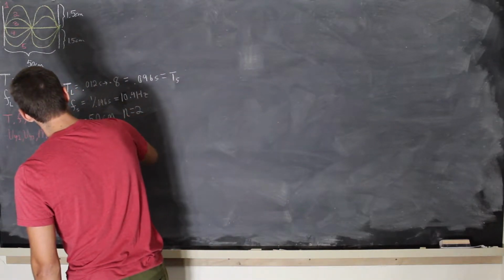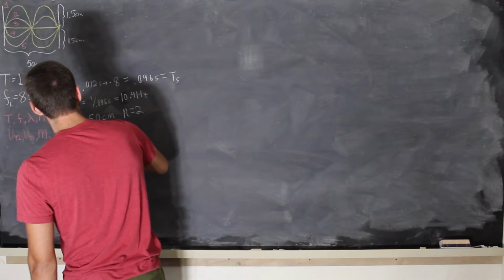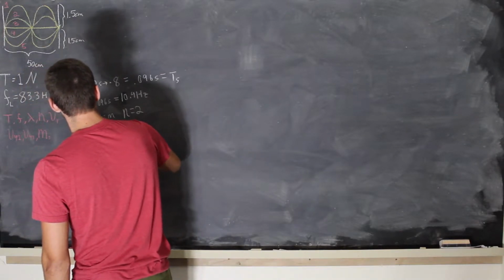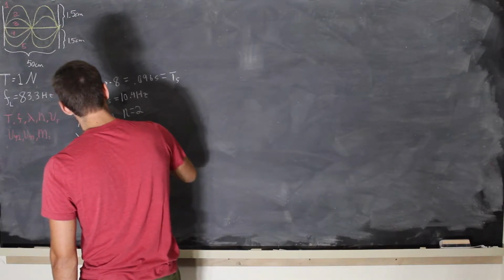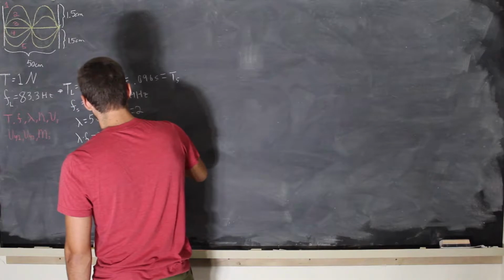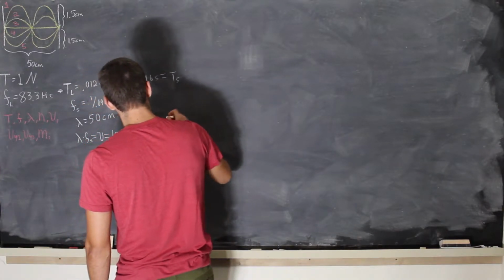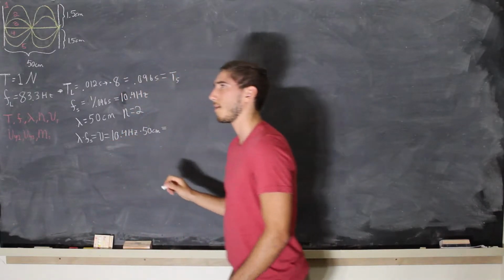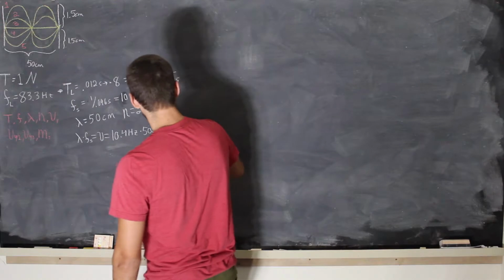Wavelength times frequency of the string is equal to velocity, which is going to be 10.4 hertz times 50 centimeters, and I believe it's going to come out to roughly 5.21 meters per second.